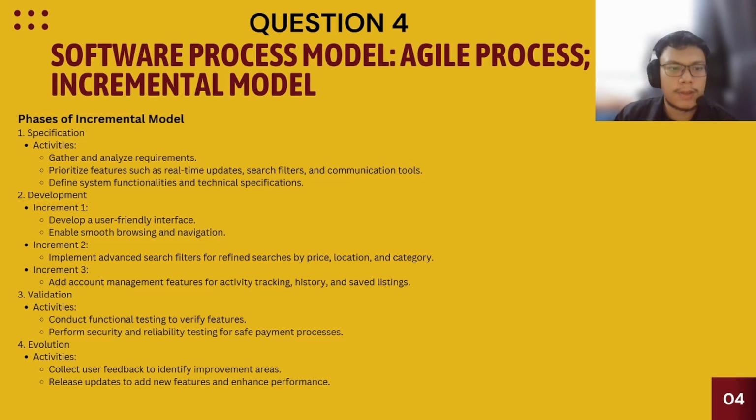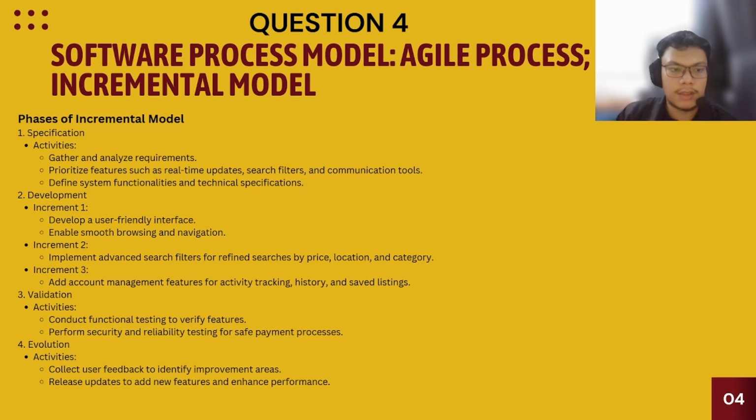The development phase is incremental 1: develop a user-friendly interface, enabling smooth browsing and navigation. For the second increment, implement advanced search filters to refine search by price, location and category. For the third increment, add account management features for activity tracking, history and saved listings.